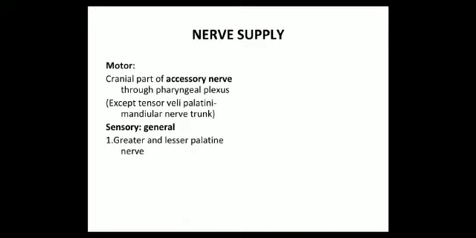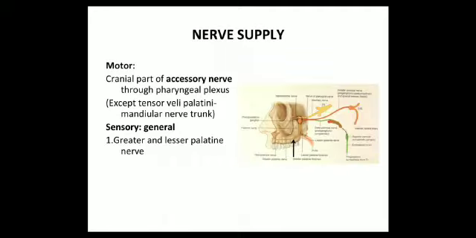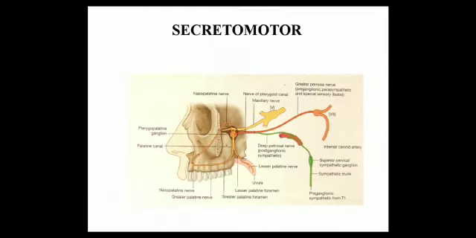The sensory or the general nerve supply is through the greater and the lesser palatine nerves, the nasopalatine nerve and the glossopharyngeal nerve. The secretomotor nerves are contained in the lesser palatine nerves. They are derived from the superior salivatory nucleus and travel through the greater petrosal nerve.